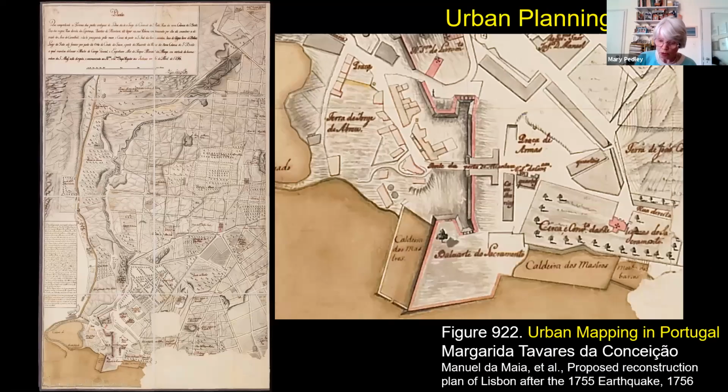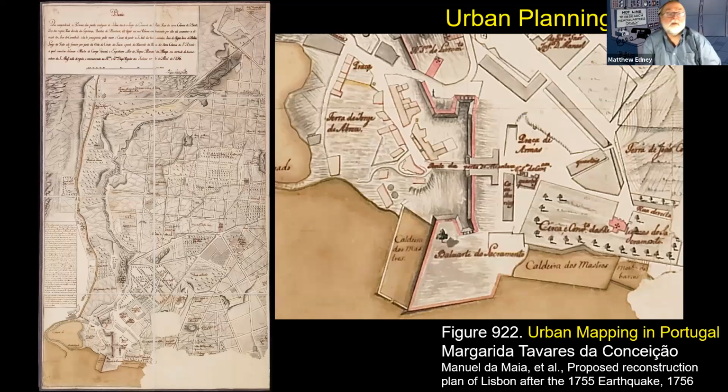Urban planning was also used for renewing towns after natural disasters. In this case, Matthew, after what? Where is this a plan of? So this is a map of Lisbon, the central portion, right down the big plaza of commerce, behind that the Acacia.